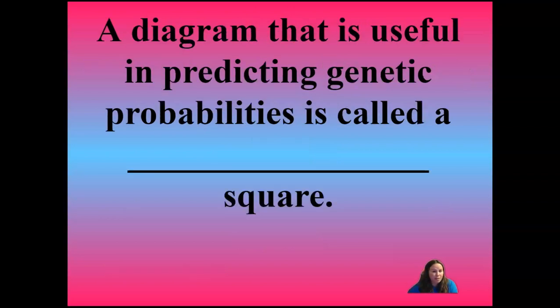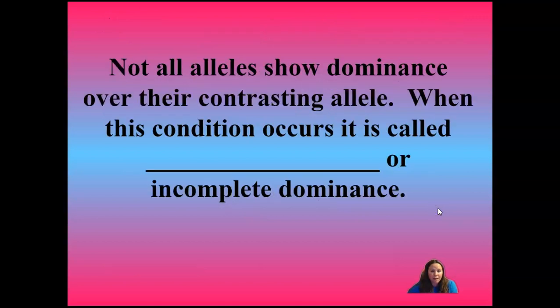A diagram that's useful in predicting genetic probabilities is called a what? Punnett square. Not all alleles show dominance over their contrasting allele. When this condition occurs, it's called blank, or incomplete dominance. Answer is codominance.